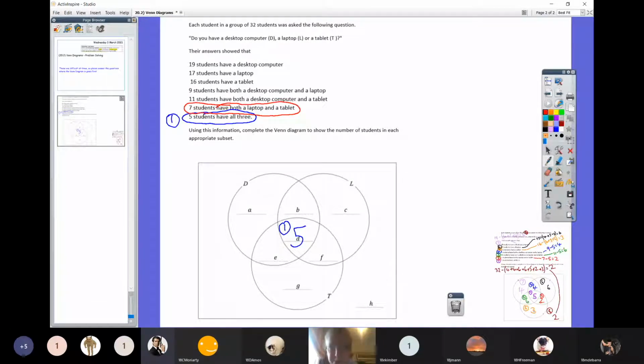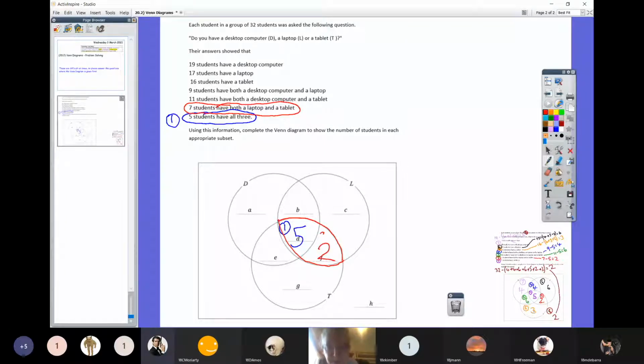So basically for this bit here, we're doing the bit that I'm just circling in red now. That bit there is going to be the 7 students who've got both a laptop and a tablet. Now we've accounted for 5 of them already, okay? 5 of them already because they've got all 3. So F must be 2.